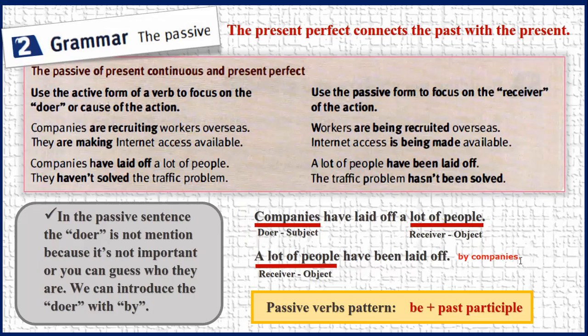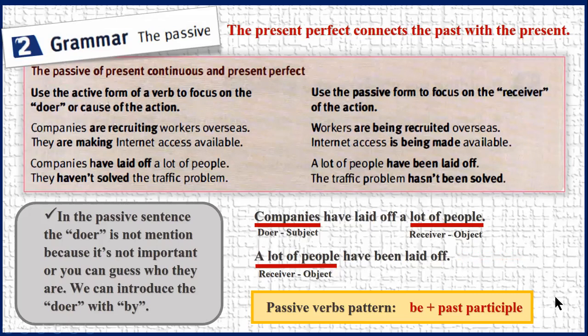If I want to mention it, it's optional. So I can introduce the doer of the action at the end of the sentence using the word by. By means we're going to introduce the responsible for the action. Okay, everybody?